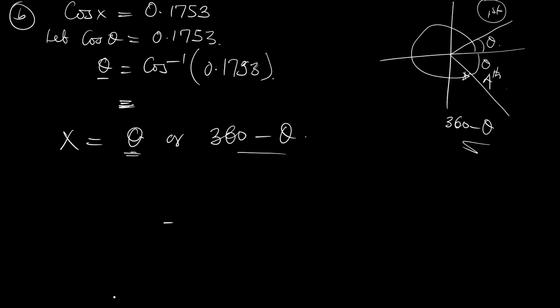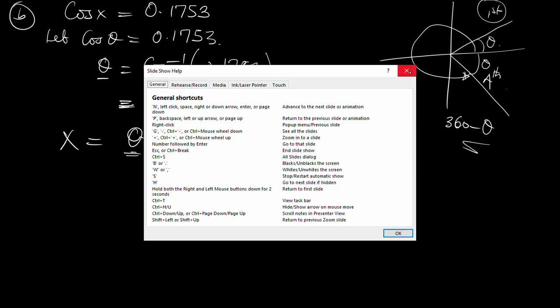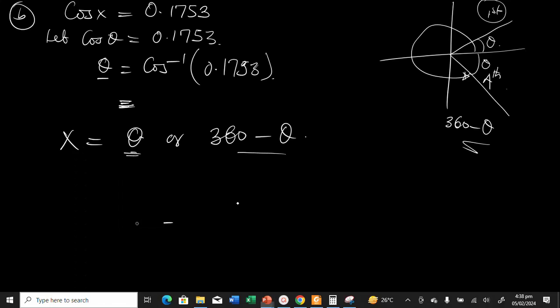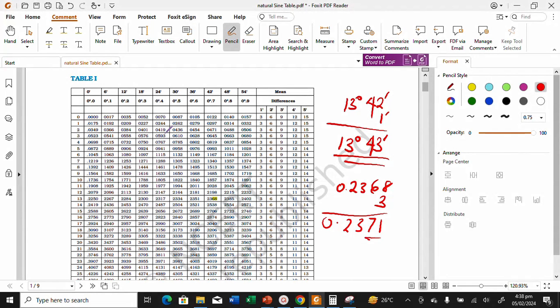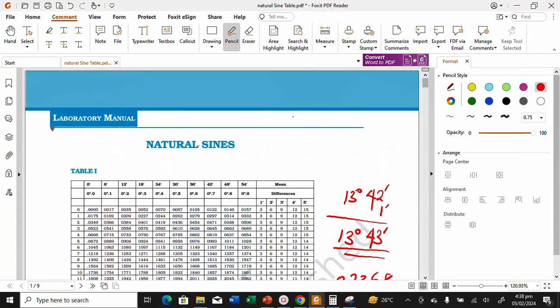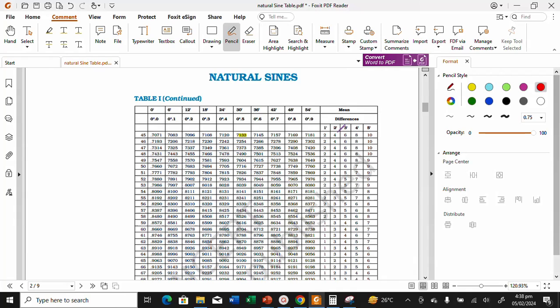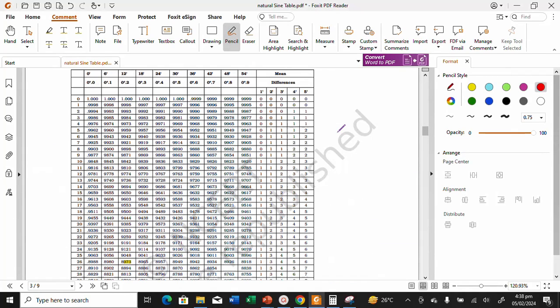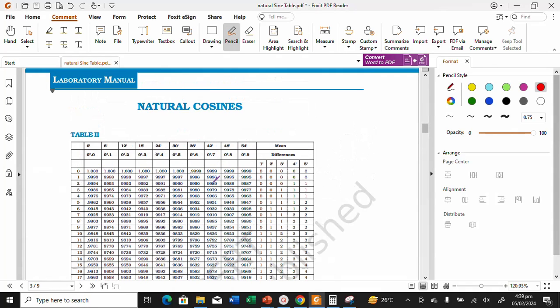Let's go to the log table. On the table, we're looking for the cosine. We're looking for 0.1753 on the cosine table.